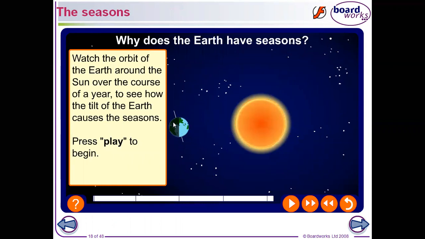Now, let's look at this GIF animated picture here. If you look at this, the Earth is actually tilted, right? It's moving around and around, day, night, day, night.